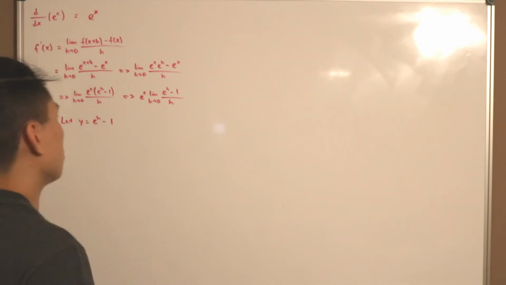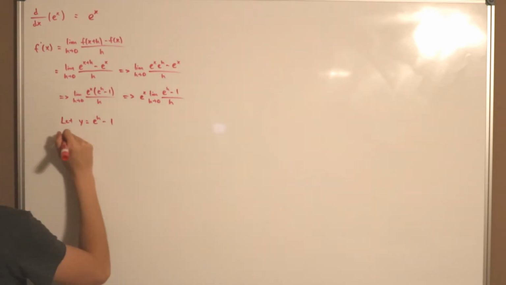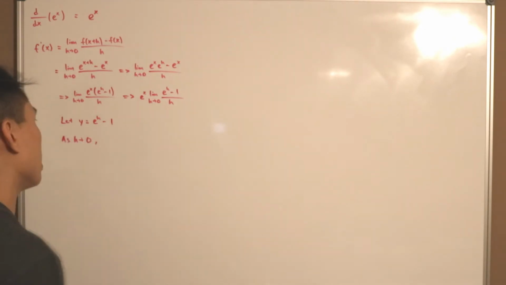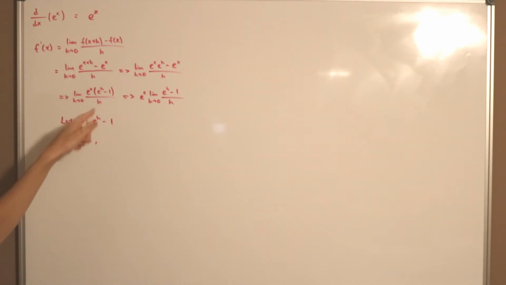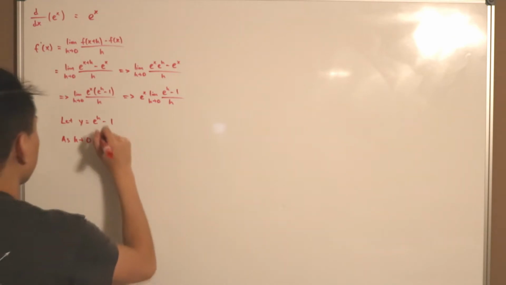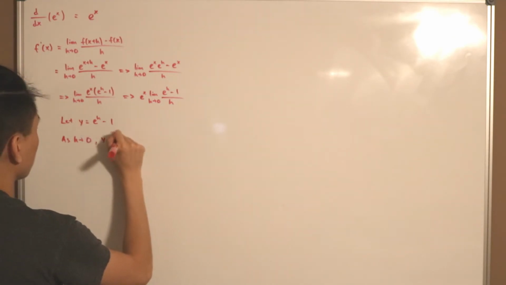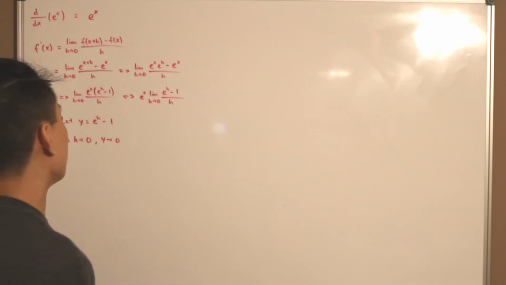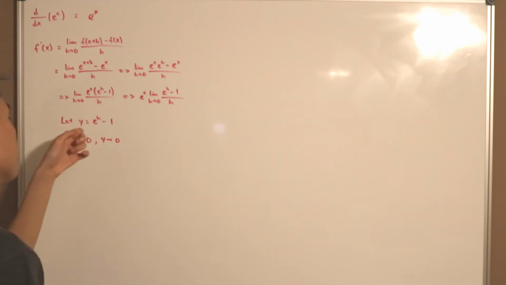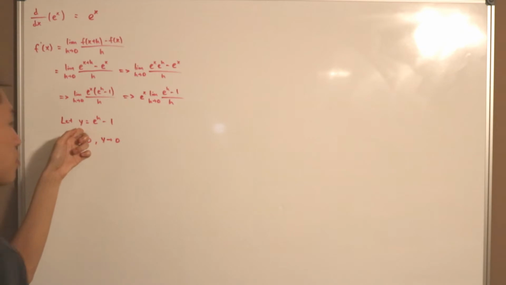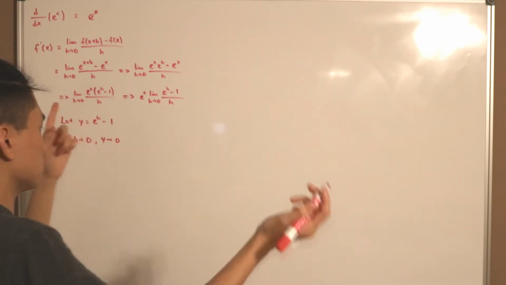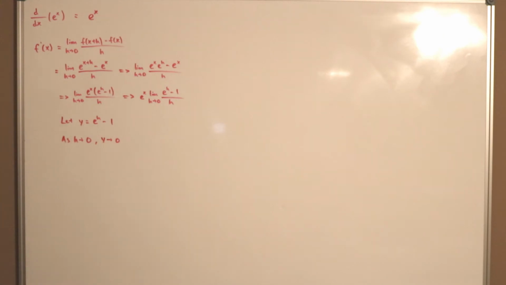Also pay attention that as h approaches 0, if you plug 0 in, e to the 0 is 1, minus 1 is 0. Then that means y approaches 0. So in other words, the limit as h approaches 0 of y is just 0. That would be important when we do the substitution.